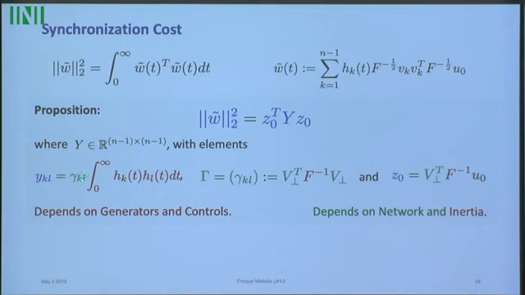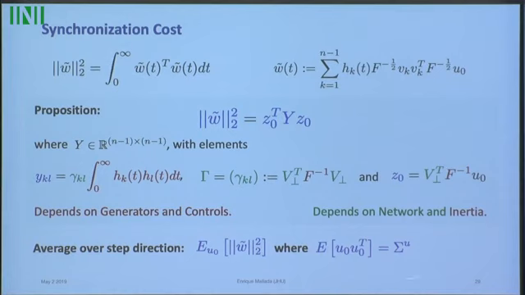One depends on the eigenvectors of your Laplacian, that is on the network and the inertia. Another one depends on the dynamics of your system. And we can compute this measure, and there's a DC series related to the direction of the perturbation, and we can also do an average over different disturbances if you want.